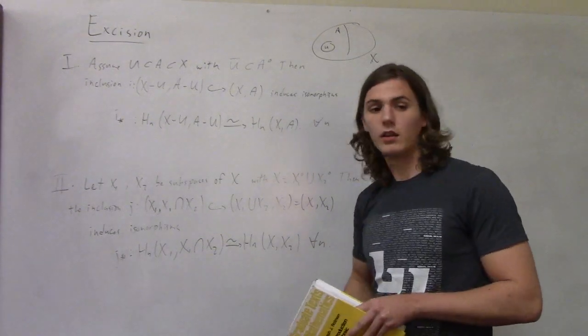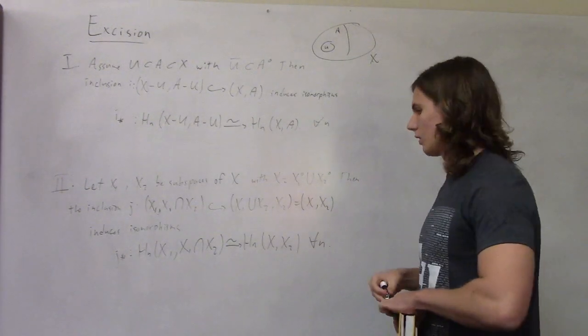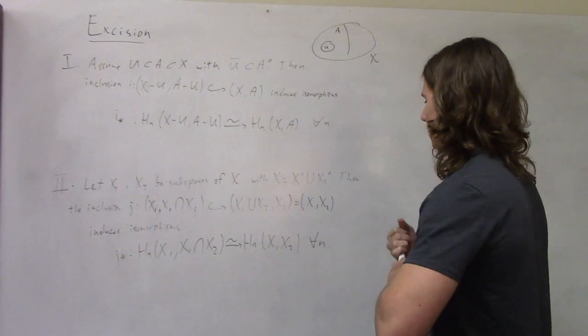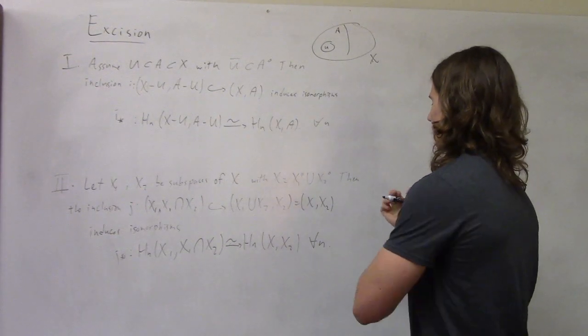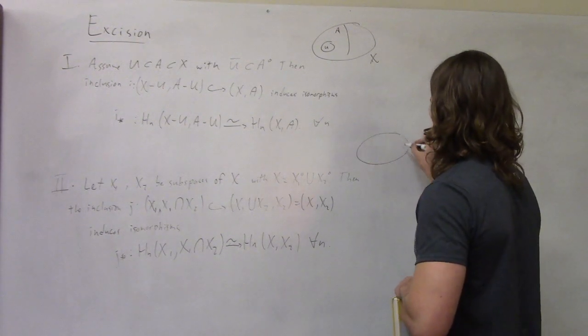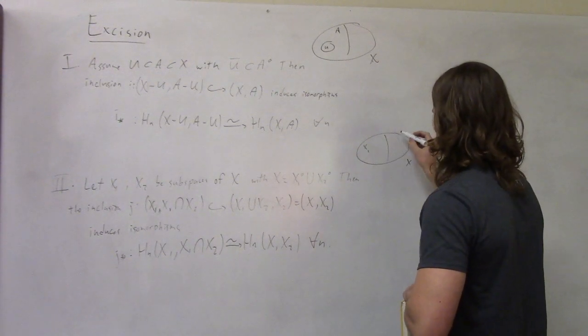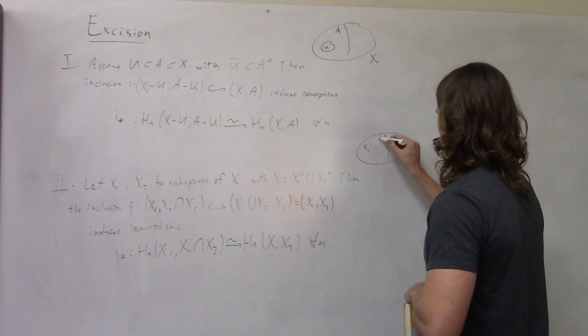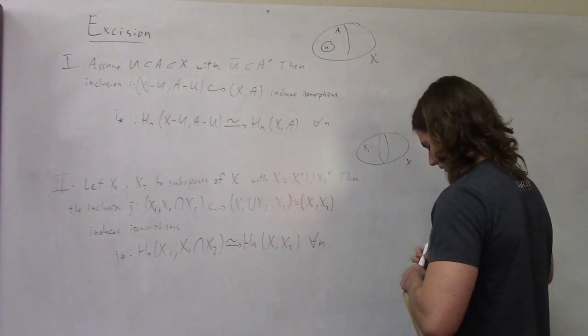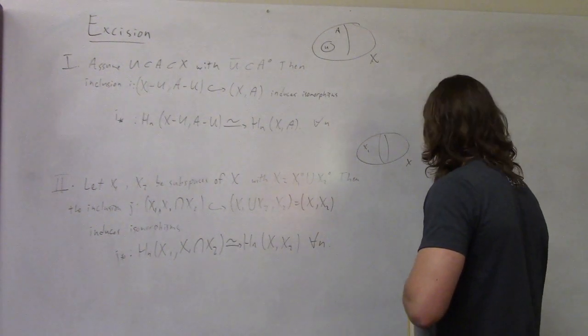So the idea of the second one is, if you have X, then you have, for example, X1, and you also have X2. Maybe I should use a different color for this one.